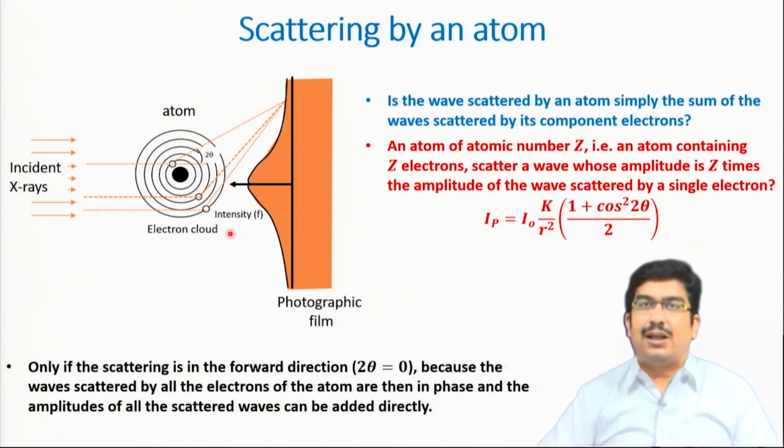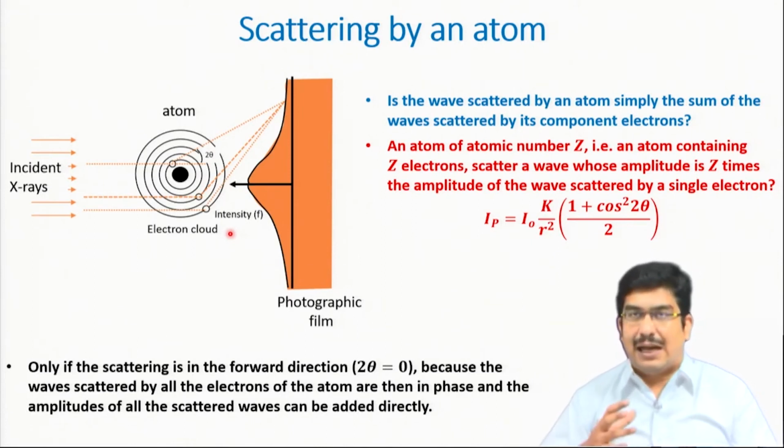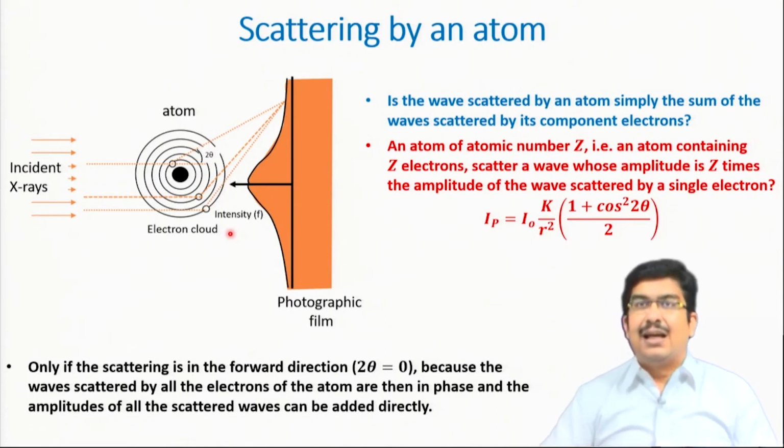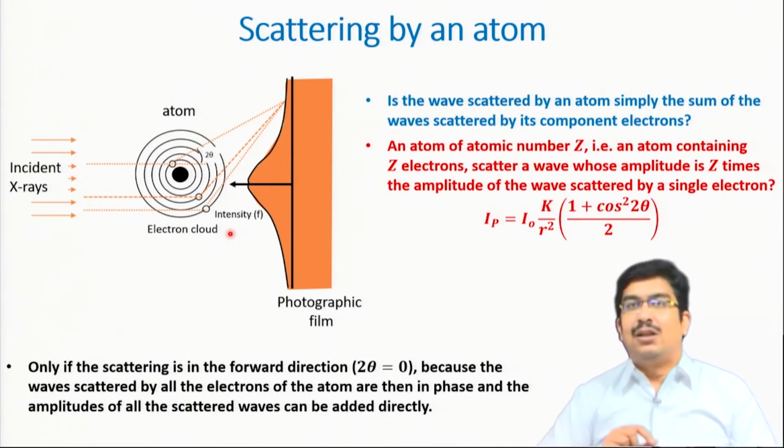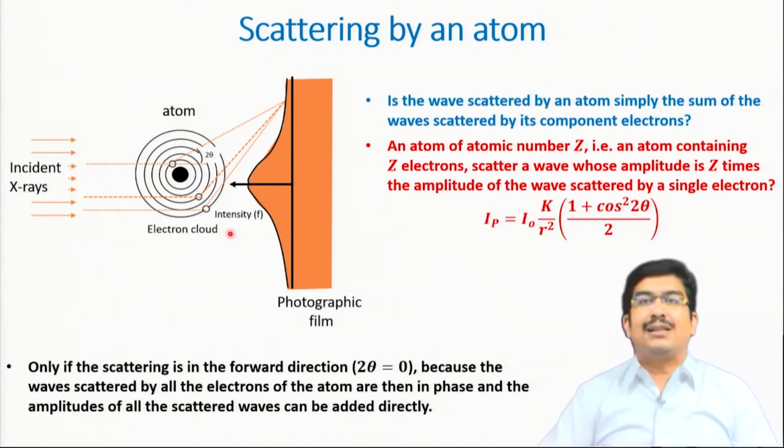Or we can put it another way: if an atom has atomic number Z, and that means the atom contains Z electrons, then is the amplitude of the scattered wave from this entire atom simply Z times the amplitude of the wave scattered by a single electron?